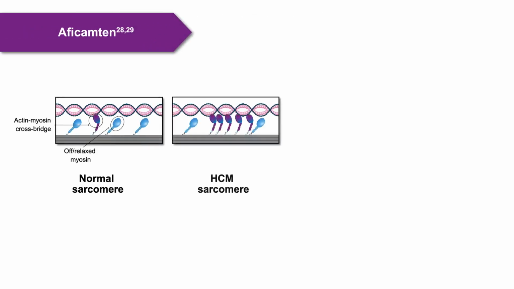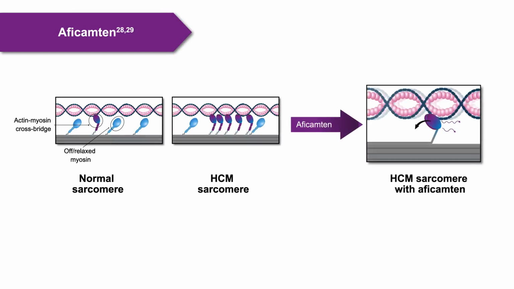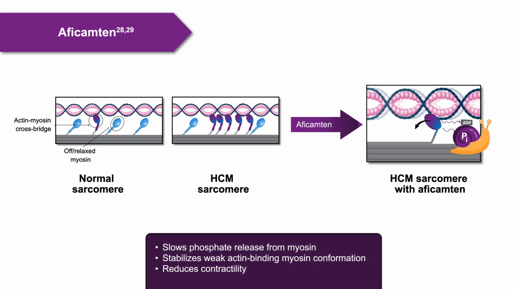Aficamten is another cardiac myosin inhibitor currently undergoing phase 3 trials. This also targets the interaction between the myosin heavy chain and actin filaments, but does so by slowing phosphate release from myosin, which stabilizes the weak actin binding myosin conformation, but with the net result that contractility is reduced, again counteracting the known hypercontractile phenotype of hypertrophic cardiomyopathy.